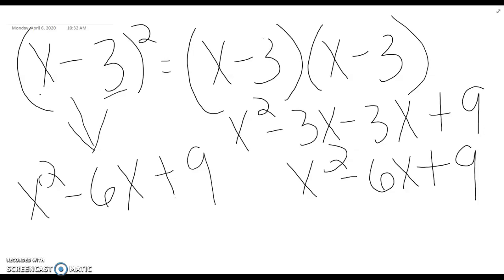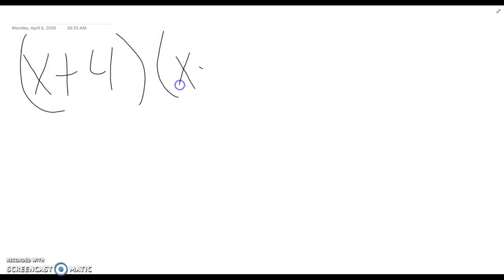The final one that we talked about is if I have x plus 4 times x minus 4. And this only works if both the numbers are the same and your variables are the same. One is plus and one is minus.